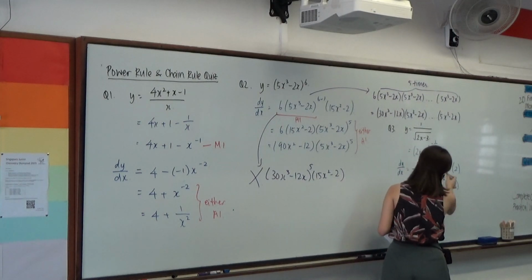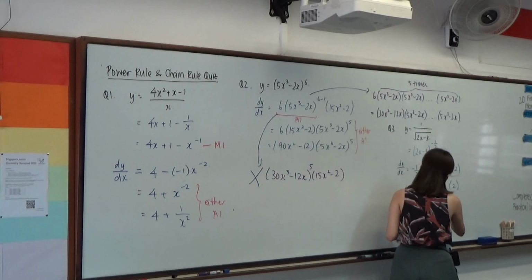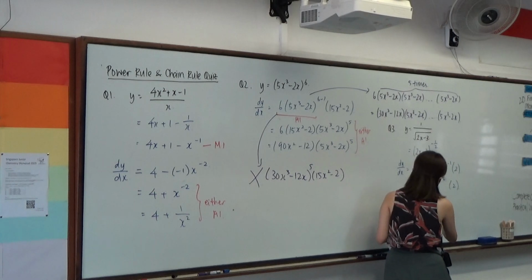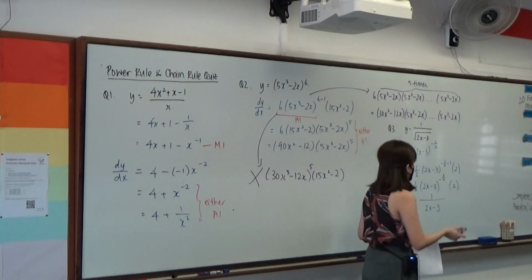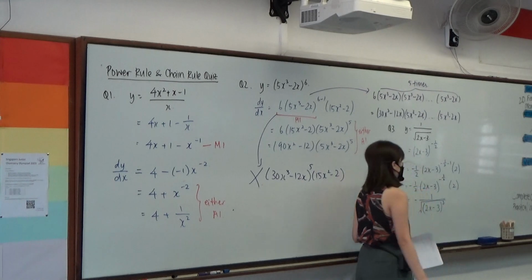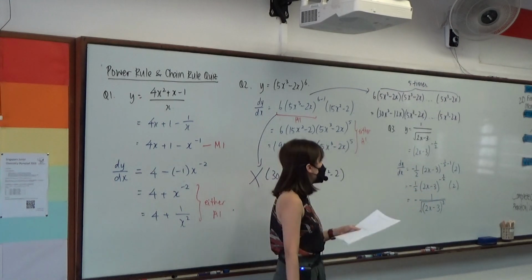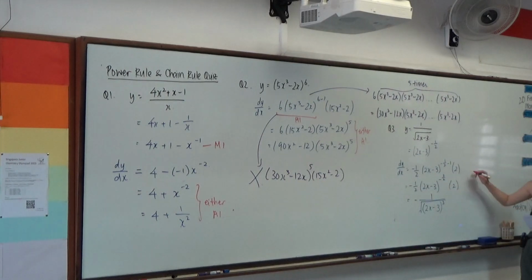So to re-express this, (2x minus 3) to the power negative 3 over 2, since it is a negative power, 2x minus 3 will have to be in the denominator. A power of 3 over 2 means square root. Okay? So therefore we'll get this. So 1 mark over here, final answer simplified, you get 1 mark.